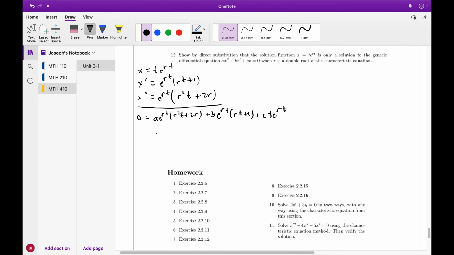And if you combine everything and factor out e to the rt, you have to get that 0 equals e to the rt times, combining a few steps here, ar squared plus br plus c, that expression times t, plus 2ar plus b, and that expression is just a constant, right? And so again, e to the rt is never 0, so that means that this expression must be equal to 0. So let's write that down.